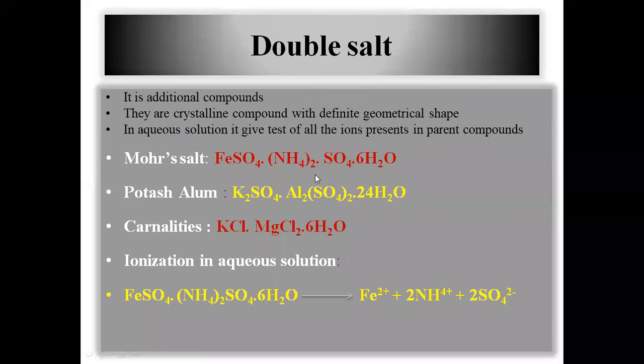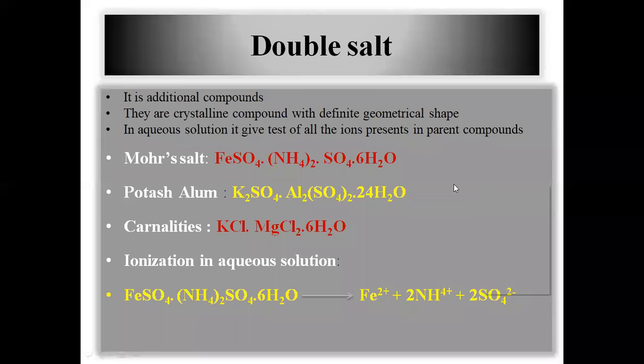When this ferrous ammonium sulfate, FAS, is dissolved in a specific solvent, it is completely ionized and gives all the ions into the solution. Fe is ferrous, meaning Fe2 positive, then ammonium means NH4 positive, and SO4 is negative.